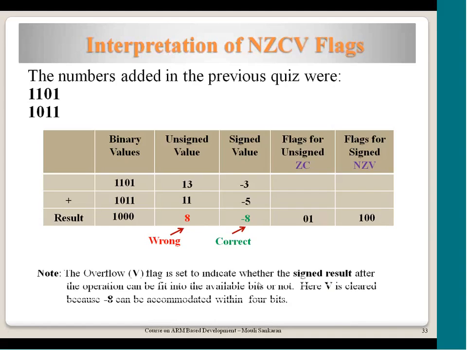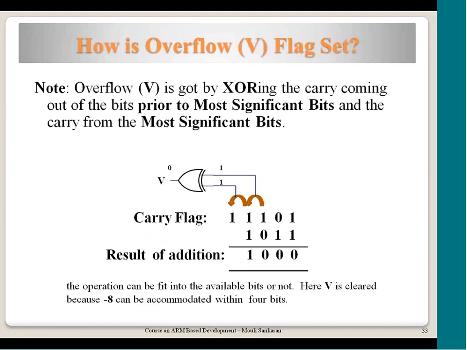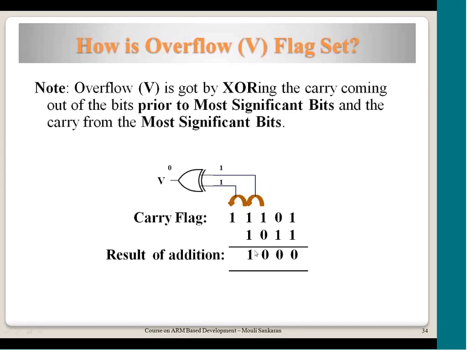Now the explanation for the overflow flag is that it indicates whether the signed result, the signed arithmetic after the operation, can fit into the available bits or not. Here V is clear because -8 can be accommodated within 4 bits. Now let us see how it is computed. In typical hardware, when you do arithmetic, if it is a 4 bit arithmetic, this is the MSB, and the carry coming into the MSB from the next bit is also considered, apart from the carry out.